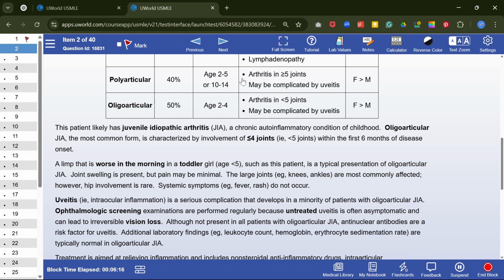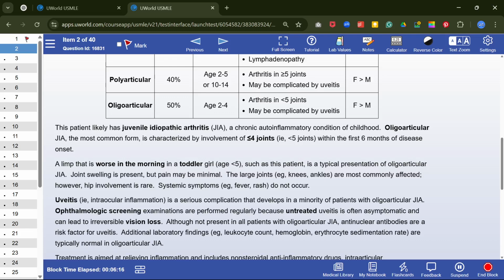Uveitis, intraocular inflammation, is a serious complication that develops in a minority of patients with oligoarticular JIA. Ophthalmologic screening examinations are performed regularly because untreated uveitis is often asymptomatic and can lead to irreversible vision loss.